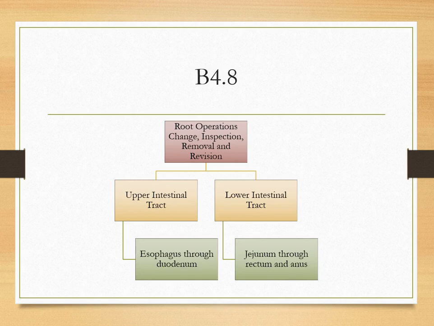Upper intestinal tract is going to include the esophagus through the duodenum. The lower intestinal tract is the jejunum through the rectum and the anus.